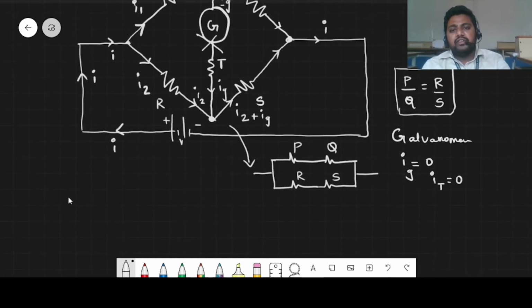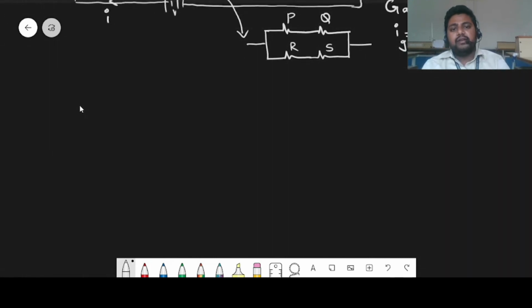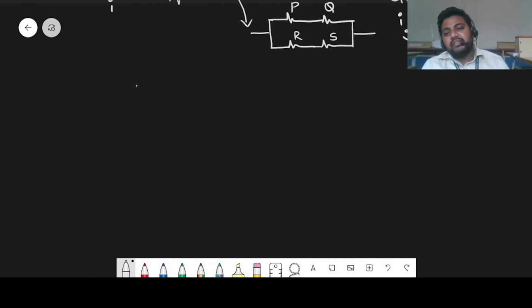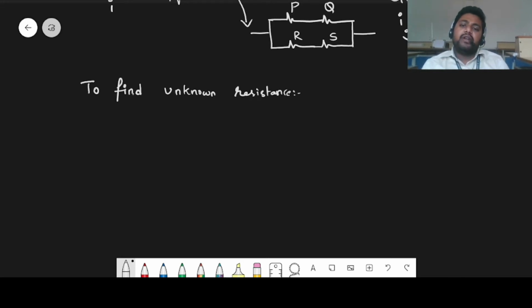But the main application of this is to understand the ratios, to understand the relation between resistances. That is to find unknown resistance.